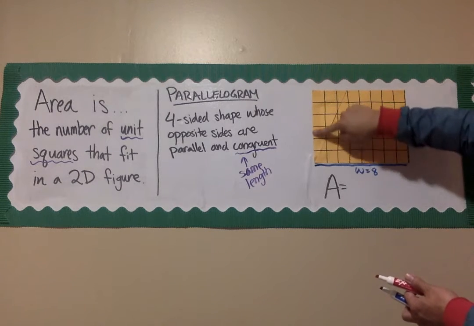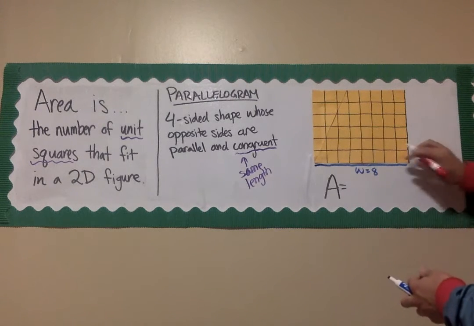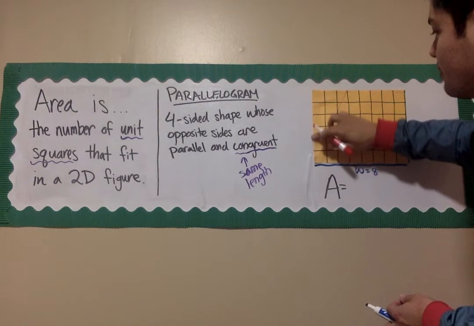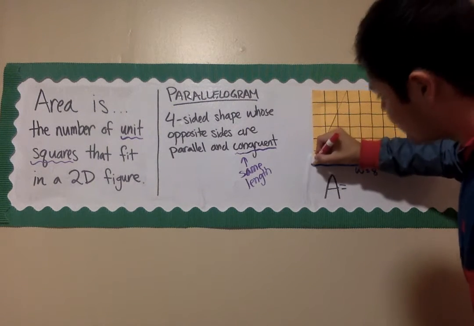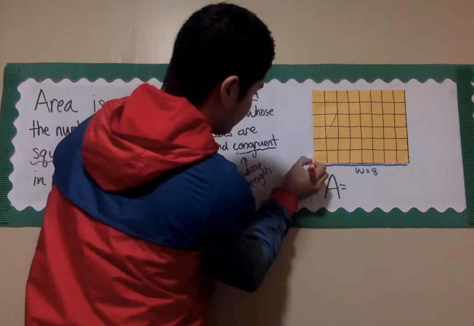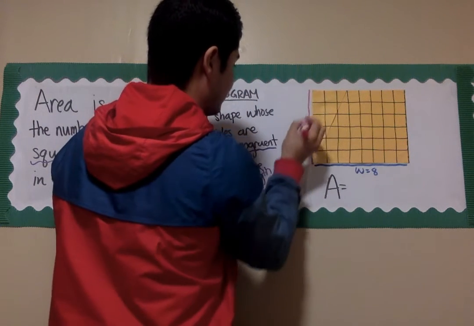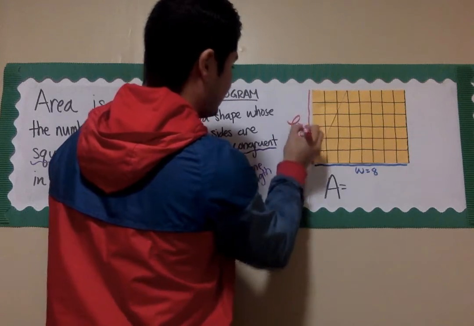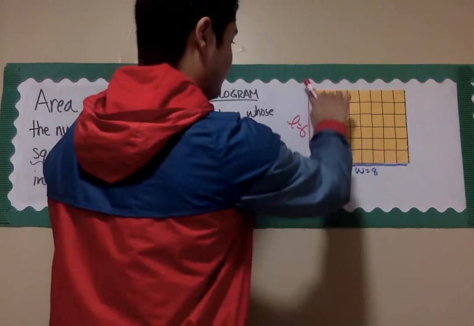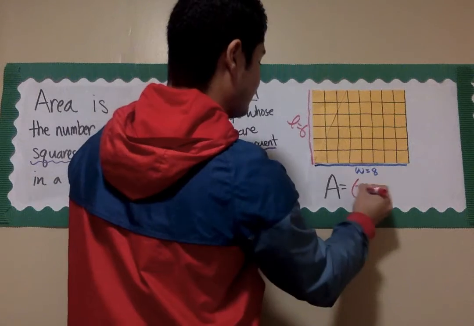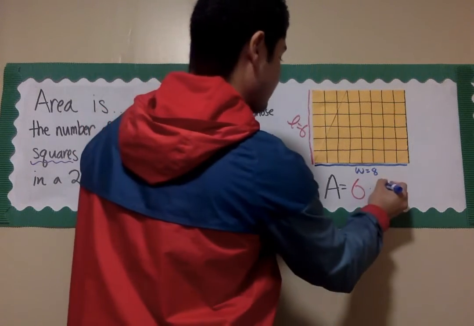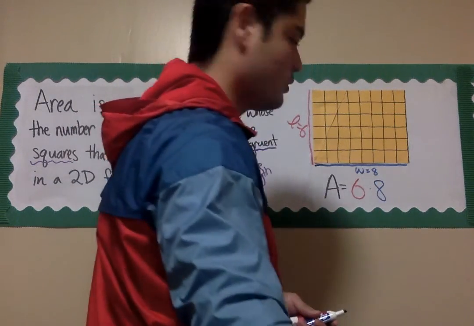And I'm going to calculate the height, or the length. Actually, let me use my red marker. 1, 2, 3, 4, 5, 6. The length is 6. So we're doing length times width, 6 times 8, and that equals 48 square units.